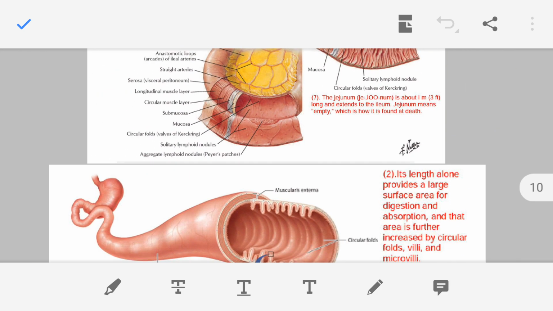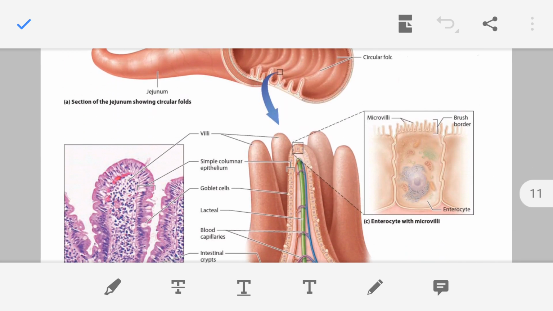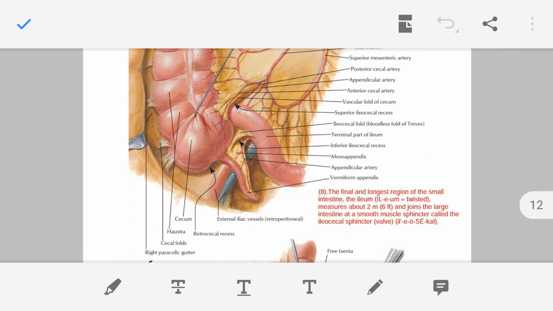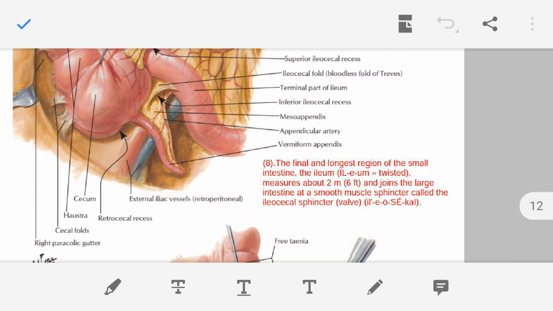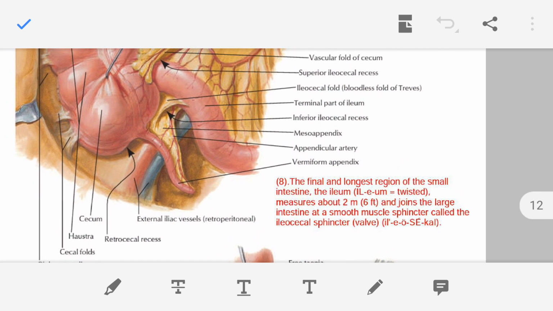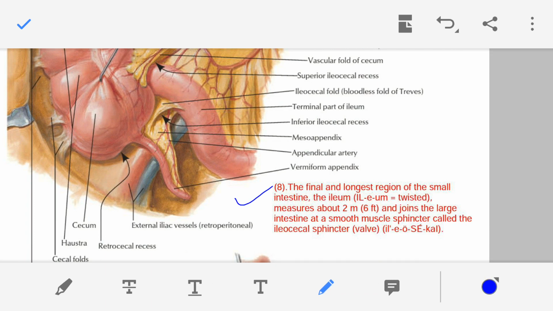Now moving on to the eighth point of our discussion, and this is the final point. Here you can see the final and the longest region of the small intestine, the ileum. Ileum means twisted, a coiled portion.